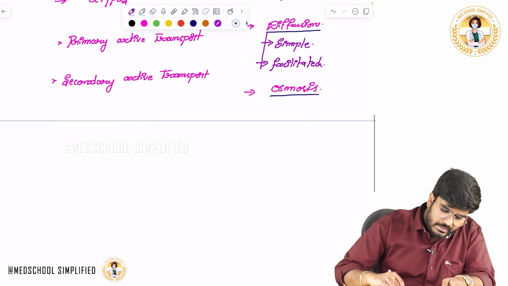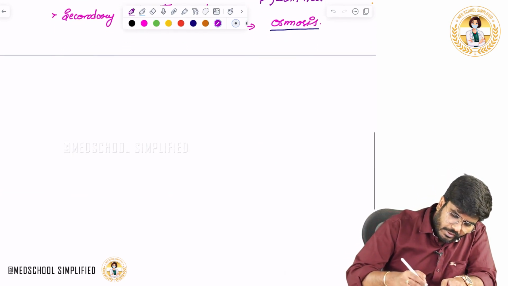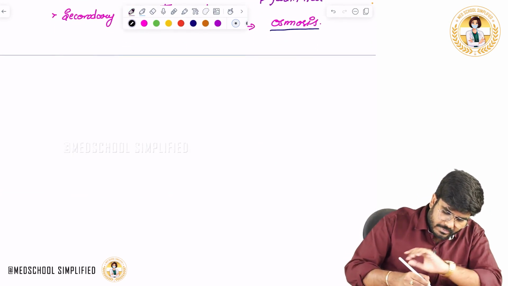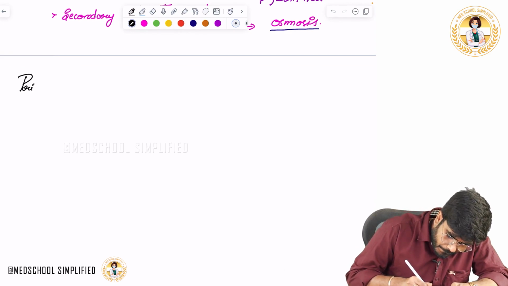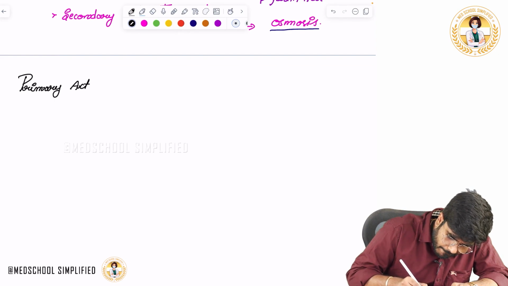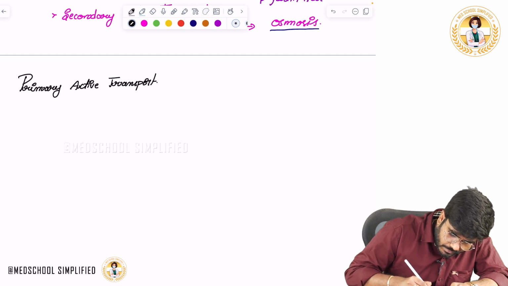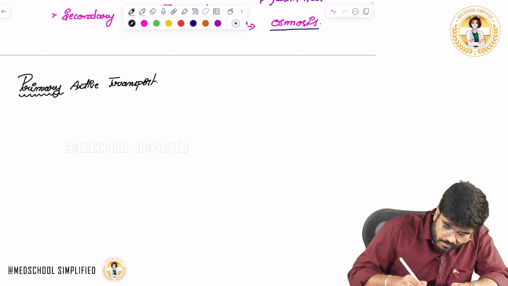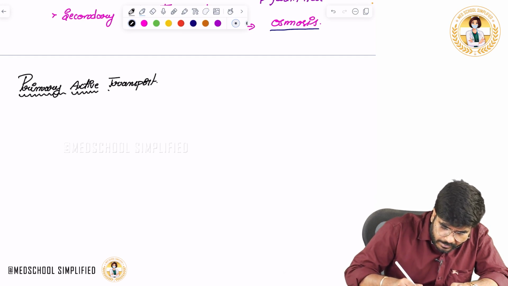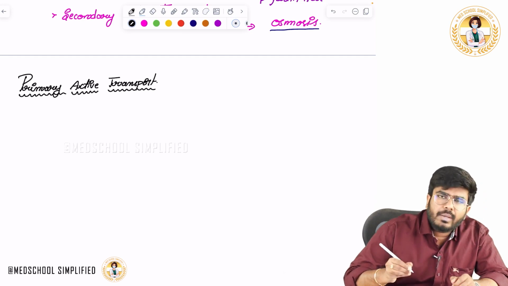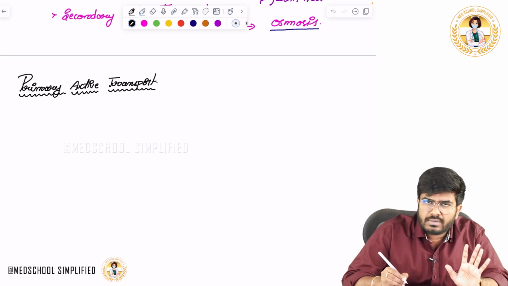Now, let's start with primary active transport. So what exactly is primary active transport? In primary active transport, of course, energy is involved.